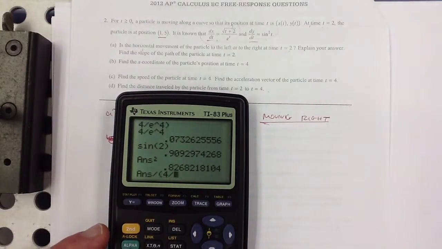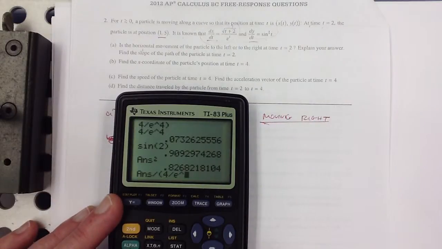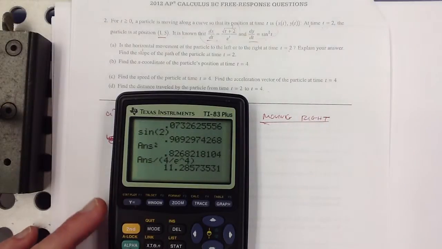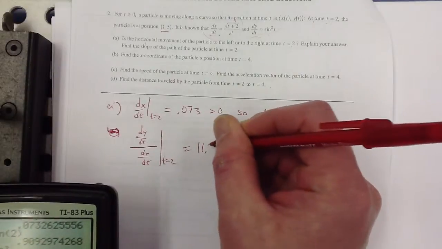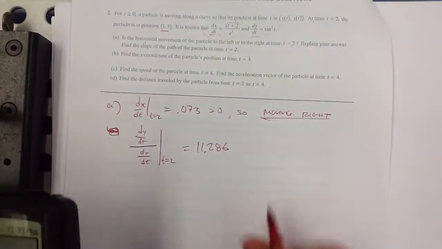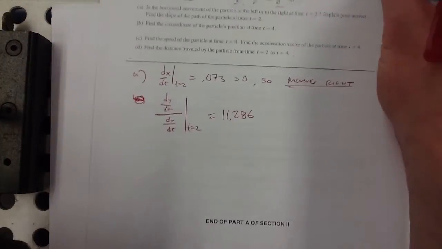I'm not going to use my rounded decimal version, though you could probably do that and get away with it. That'll give me a little bit more accurate. So that is 11.286. And you should write out something like that to indicate what you're doing, because you get points for that.